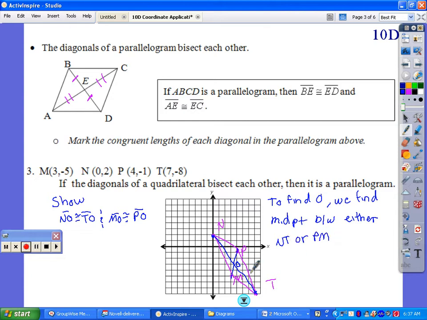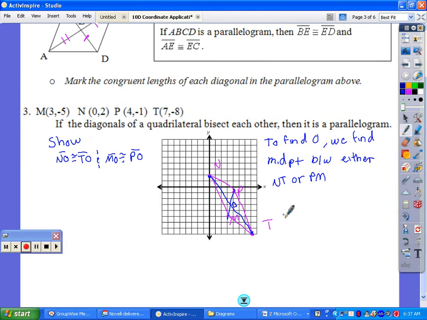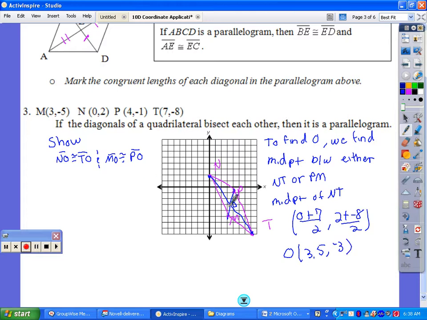It doesn't matter which one because they're going to give you the same point, because it's the midpoint of both. So if I use my midpoint formula, I'll just do NT. For the midpoint of NT, we add our x's, so 0 plus 7 over 2, and then we add our y's, so 2 plus negative 8 over 2. And so the first one we get 3.5, and then the second one we get negative 3, which, check on your graph, it looks about right: (3.5, -3).